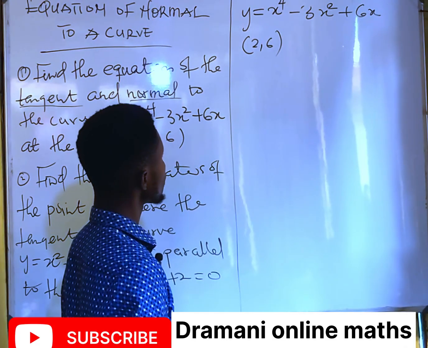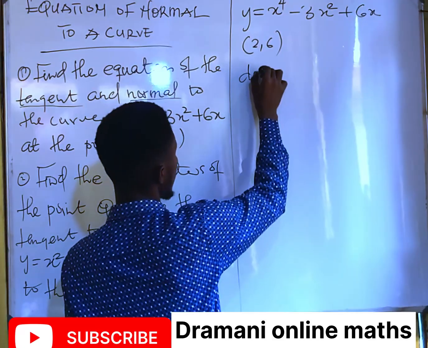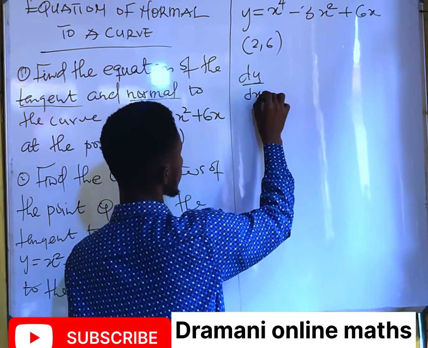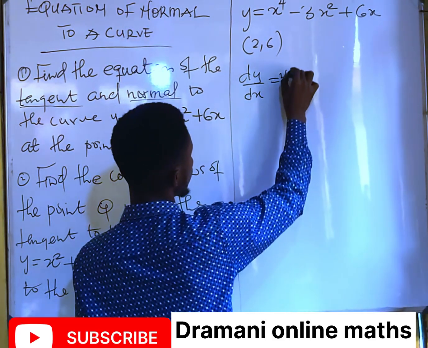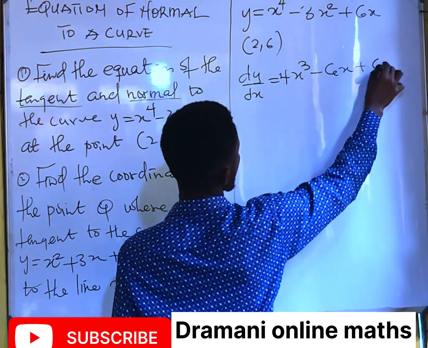For this one, first let's differentiate this. You have dy/dx equals 4x cubed minus 6x plus 6.